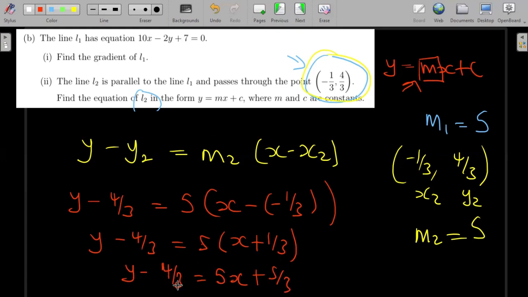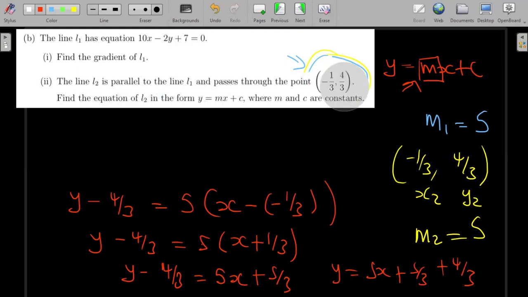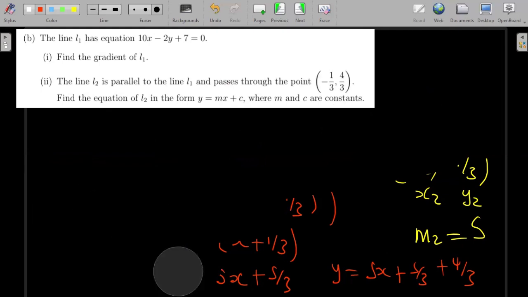And then from there, we can take this minus 4 over 3 to the right side to add it to this 5 over 3. So what we are going to have is y is equal to 5x plus 5 over 3. Then when this minus 4 over 3 comes to the other side, to be plus 4 over 3. Okay, so we can erase this part. What are we going to have there?